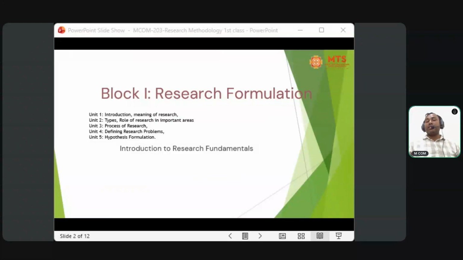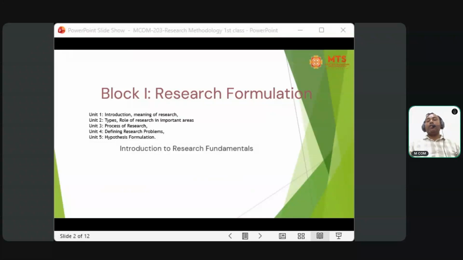And what are the characteristics of research? It is systematic inquiry. Conducting research entails a methodical approach to inquiry, and it has objectivity. When collecting, analyzing, and interpreting data, researchers try to be as impartial as possible by minimizing prejudice and personal judgments.